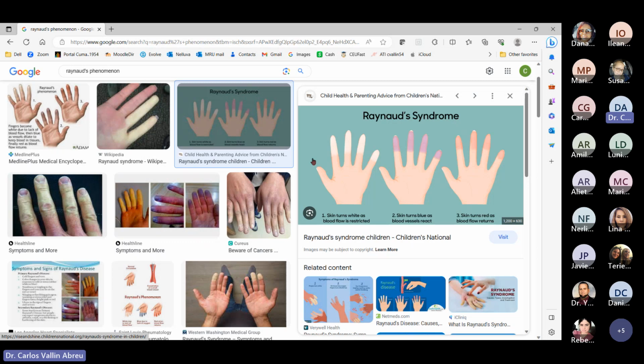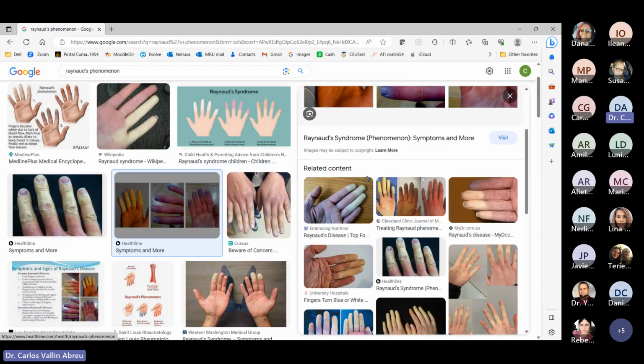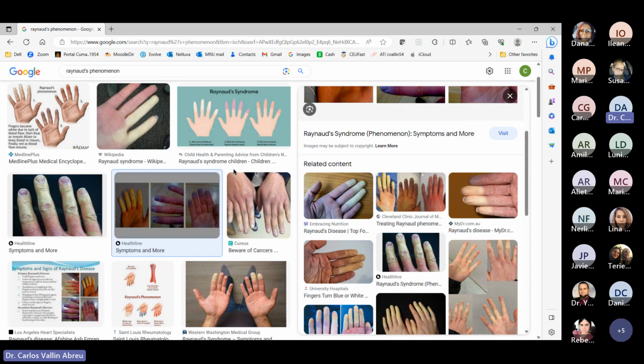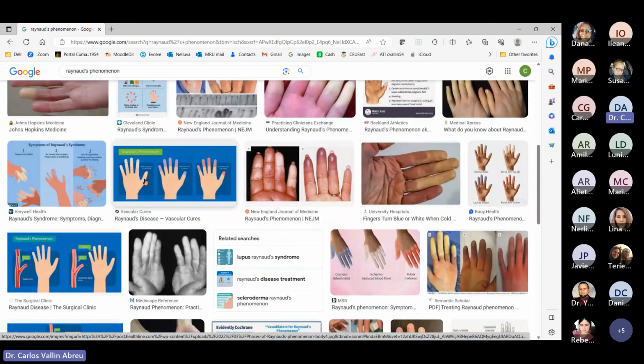And usually in Raynaud, there is not necrosis. So the vasospasm is not so prolonged as to produce death of the tissues, because once the tissues start having the cyanosis, immediately there is a reaction of the own tissue producing nitric oxide, a substance that is produced by the own endothelium, and then vasodilation occurs.